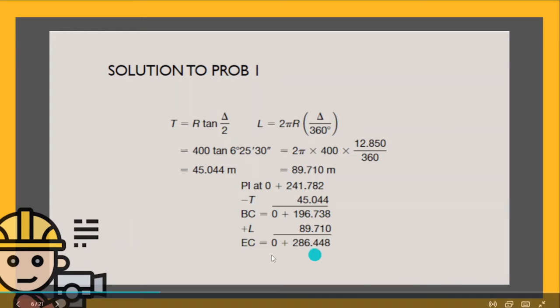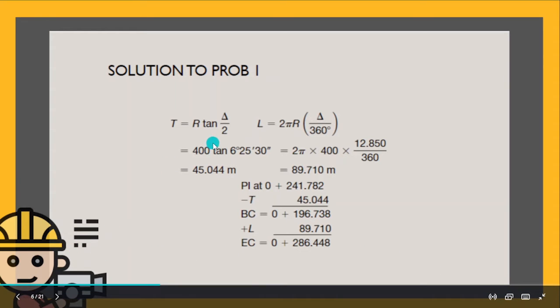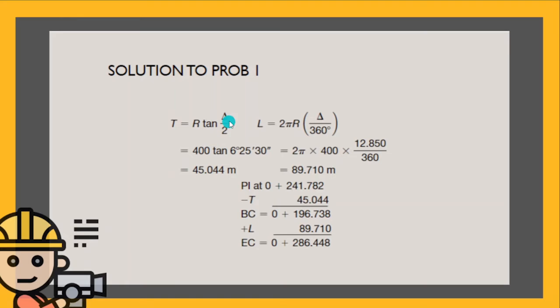For the back tangent, T is equal to R tan of angle over 2. So 400 tan 6 degrees 25 minutes 30 seconds is equal to 45.044 m.